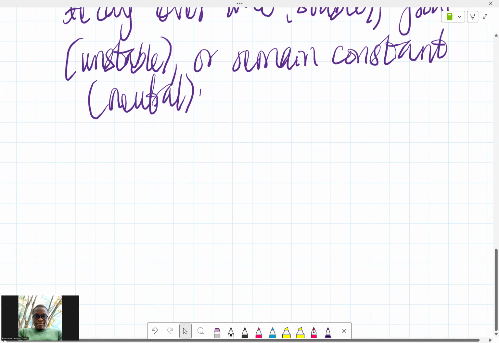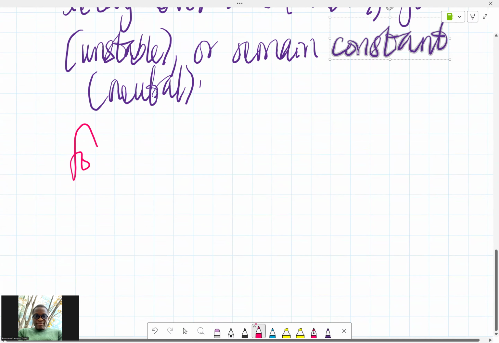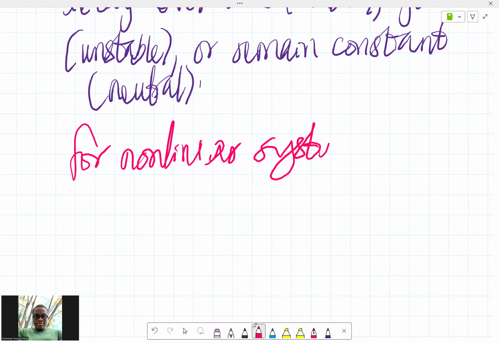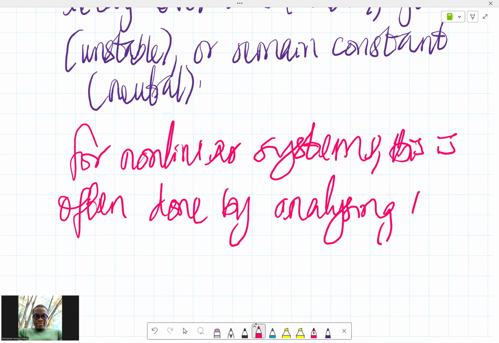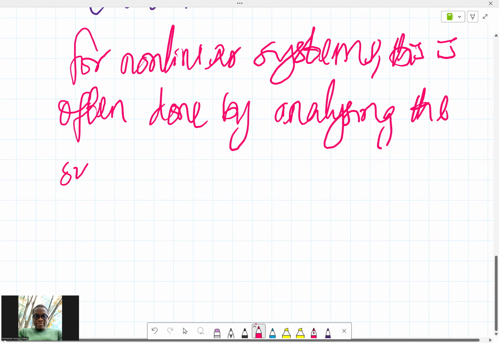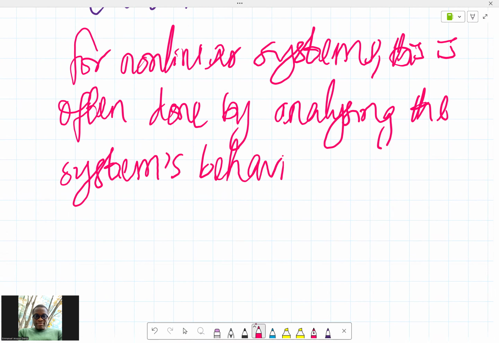Okay. So for nonlinear systems, this is often done by analyzing the system's behavior near its equilibrium points.